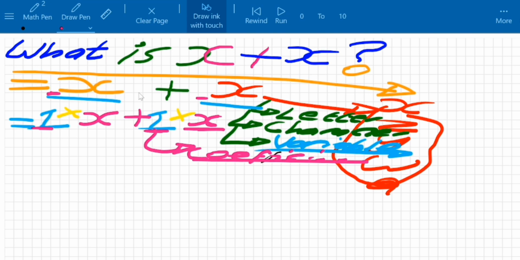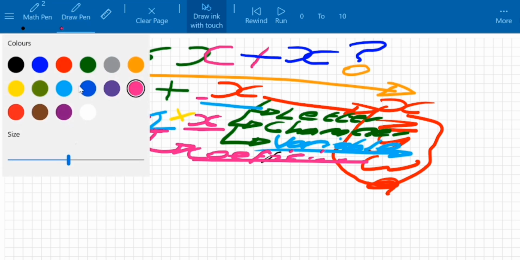That's why we write 1 and 1. It could be 10x, 20x, 50x, 60x, 100x, a million x. But if there's no number here, we assume it's 1 because a variable is always married to a coefficient.